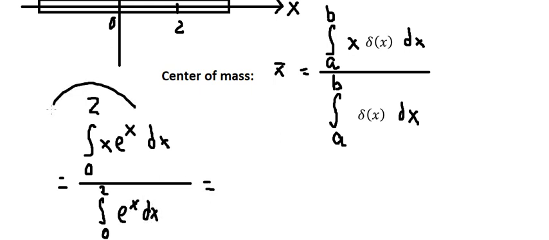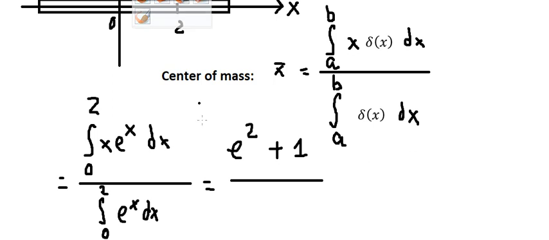So if we calculate this, we have e to the power of 2 plus 1 over e to the power of 2 minus 1. And that is the final answer we need to find.